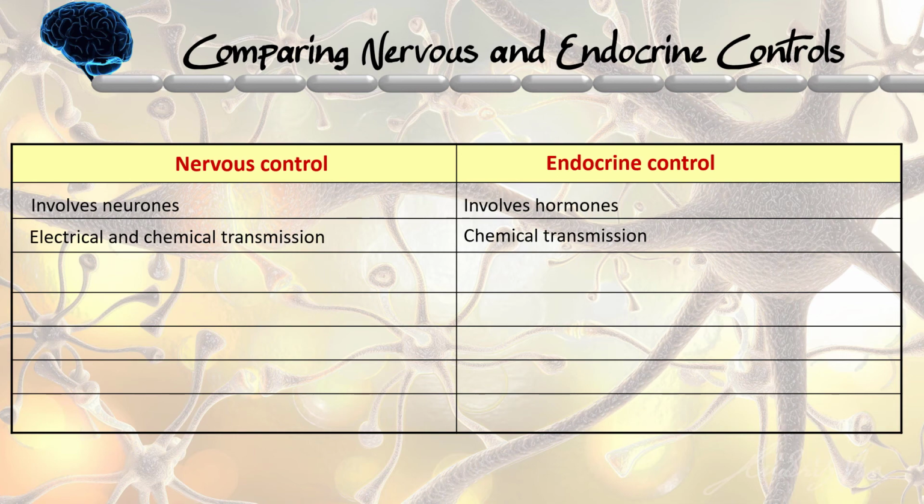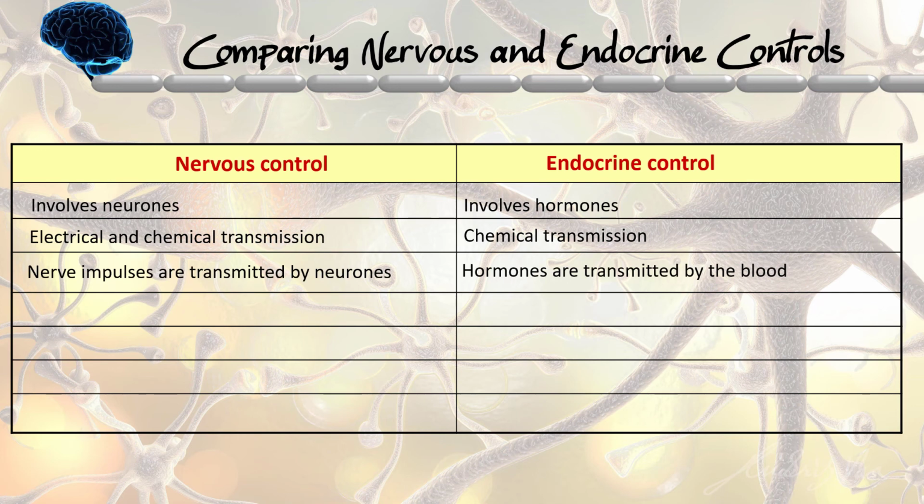For nervous control, the chemical part is the synapse part, which, honestly, is not really inside your syllabus. So you can just stick with electrical transmission, which is our action potential. For nervous control, the nerve impulse is transmitted by neurons, while hormones are carried by blood.